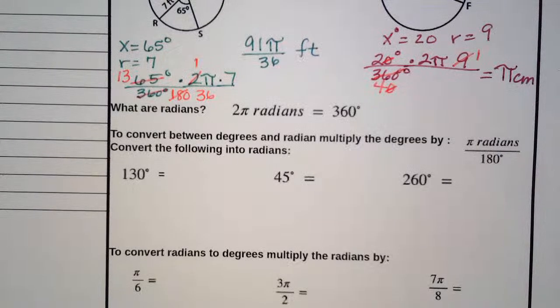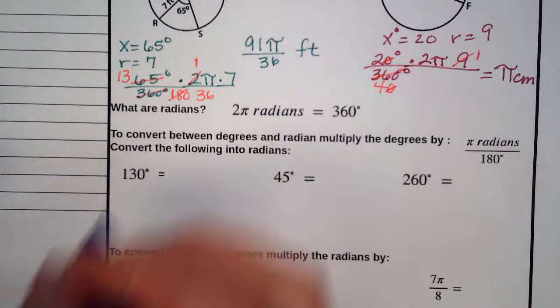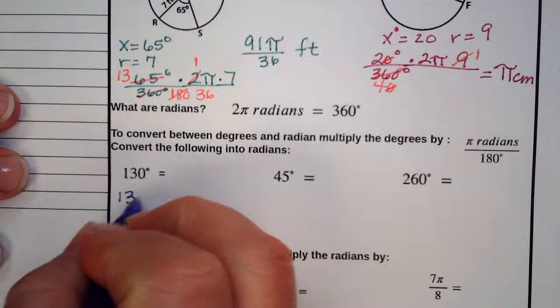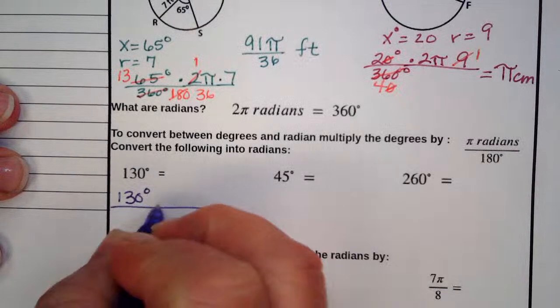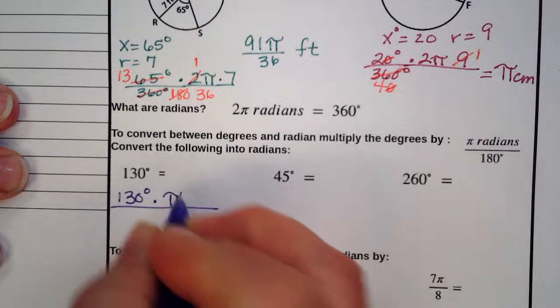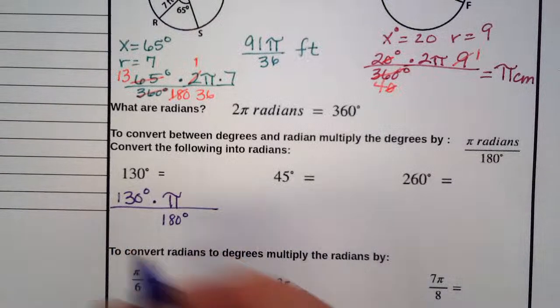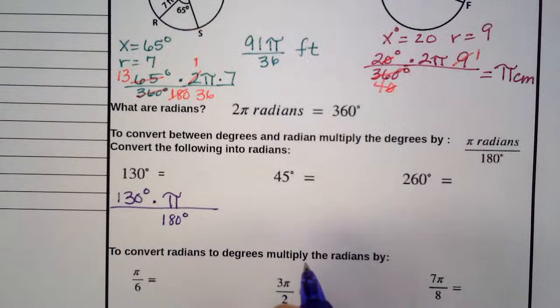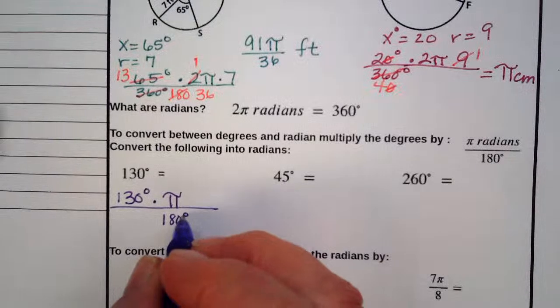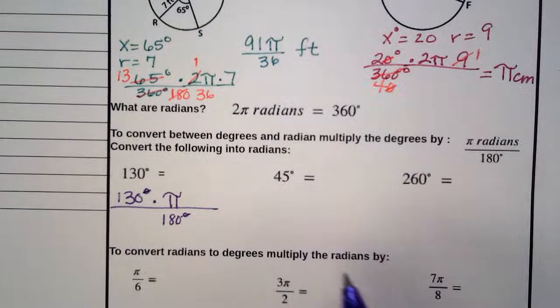And we'll look at the why of it. So this will be 130 degrees times pi over 180 degrees. I'm going to leave off the radians for now. My degrees will cancel out.